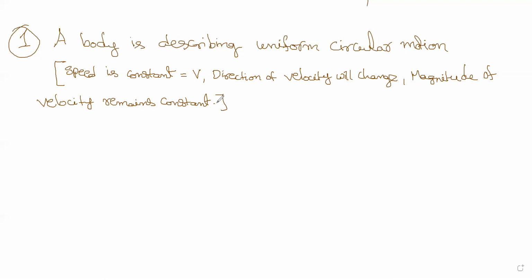With a speed of v, uniform circular motion. This is what is given to us.